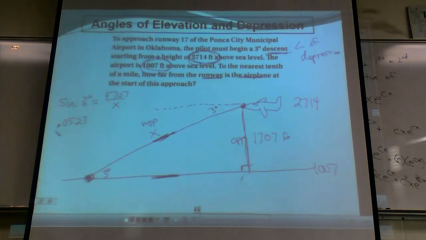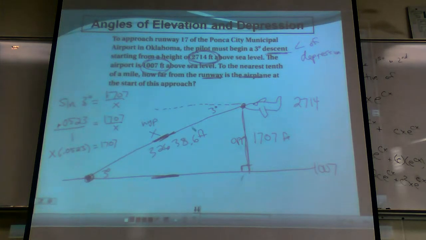Then I'm going to cross multiply, so x times 0.0523 equals 1,707. Now we divide. What's 1,707 divided by 0.0523? That's 32,638.6, and this would be feet.